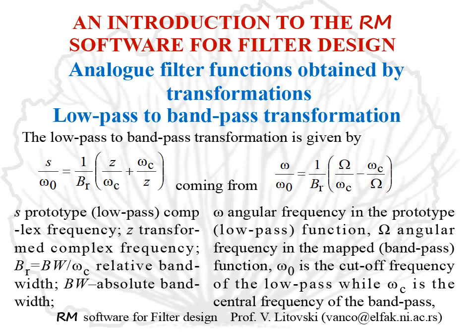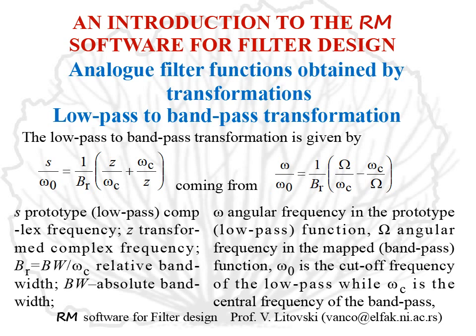The low-pass to bandpass transformation is given on the left-hand side, where S is the complex frequency. In the prototype domain, omega 0 is the bandwidth of the low-pass filter, or its cutoff frequency.